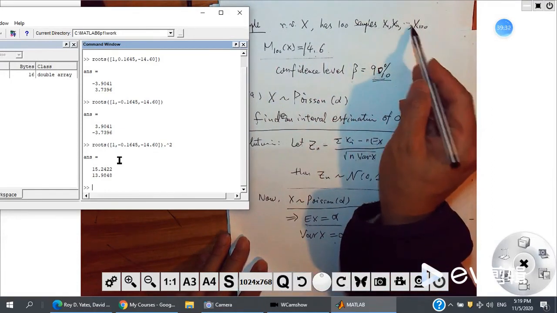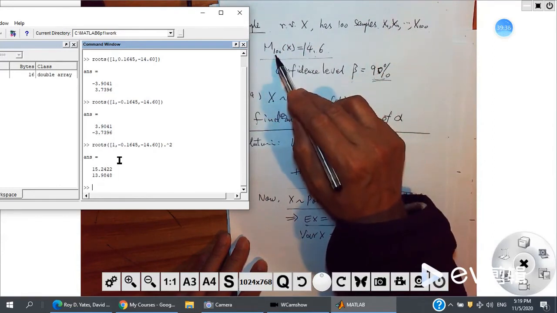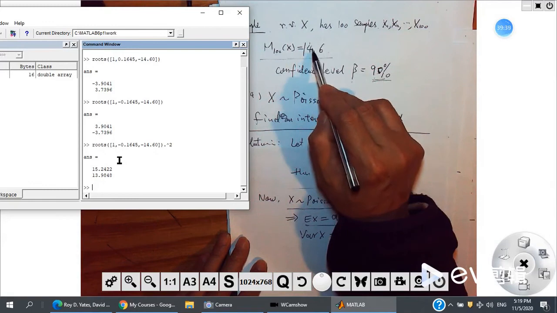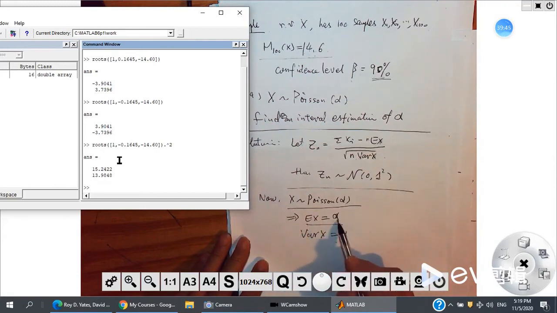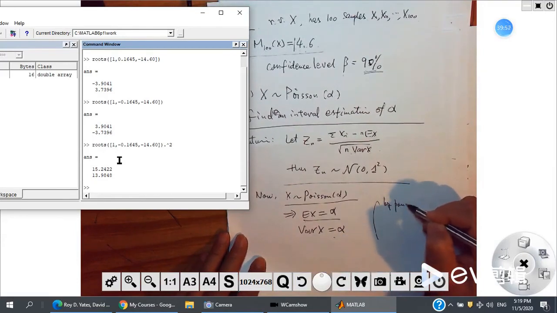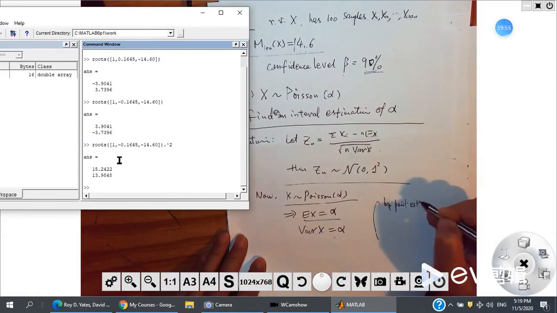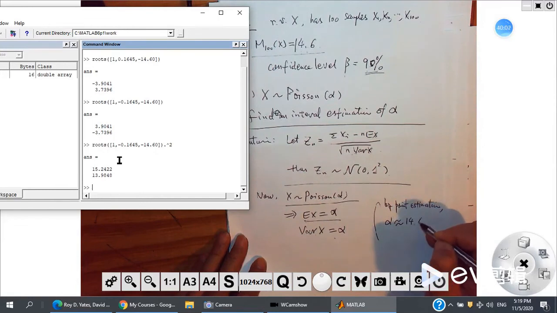If we do some calculation, we know the mean of X from 100 samples is 14.6. Then we can just use this as an estimator of the mean value alpha. So by point estimation, we just use this 14.6 to estimate alpha.